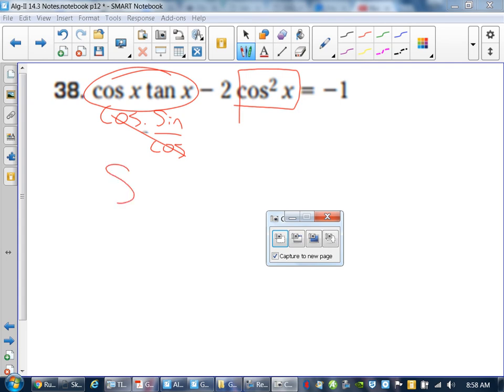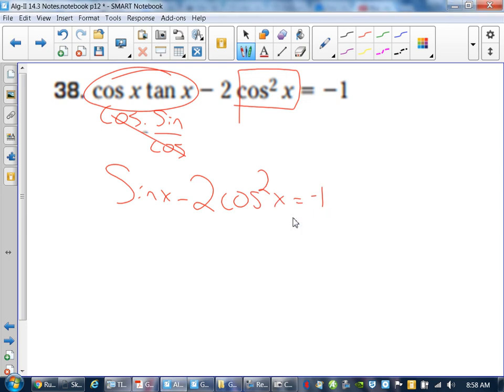So now you have sine of x minus 2 cosine squared x equals negative 1. Now, this goes back to a trick that we did a few weeks ago. When you have a squared trigonometric identity, you always want to try to rewrite the squared term as the non-squared term.